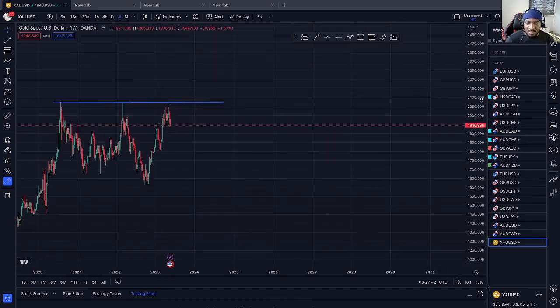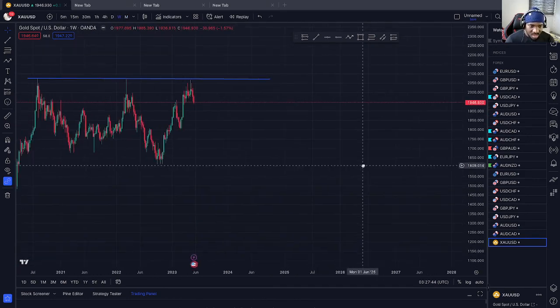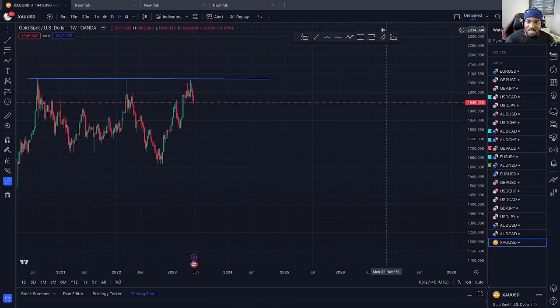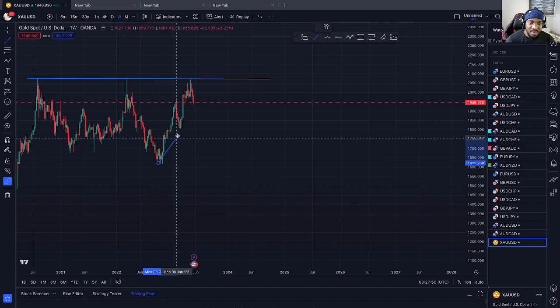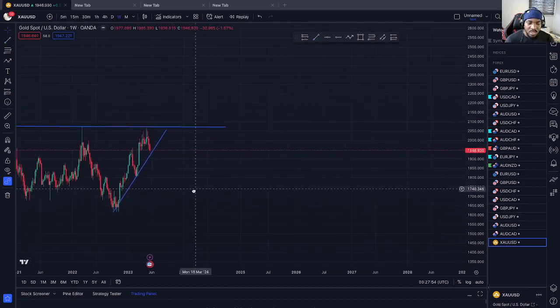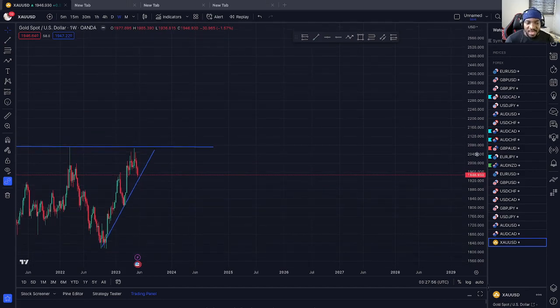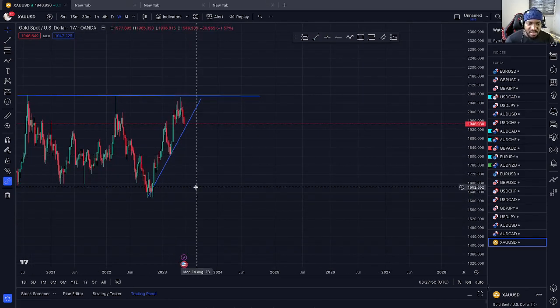So what we've seen in this market is that price has been trending upward for a very long time, which we could see when we get to this level around here.